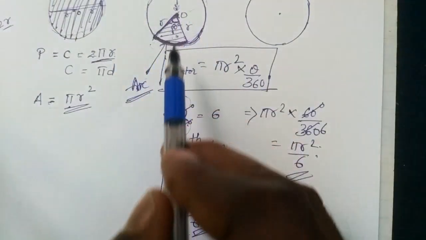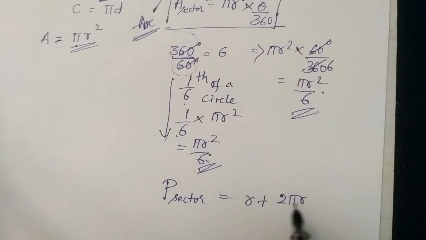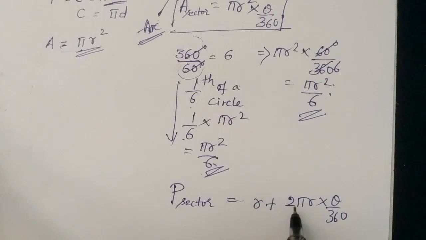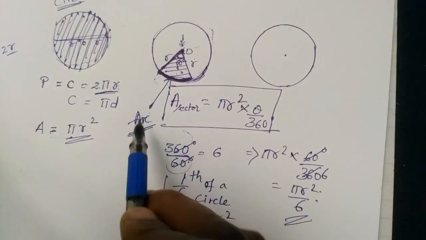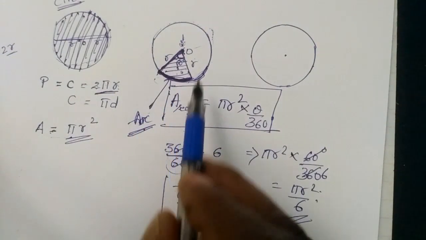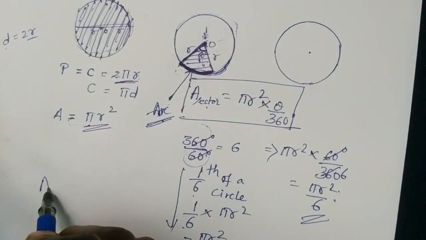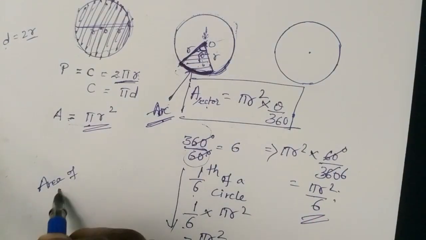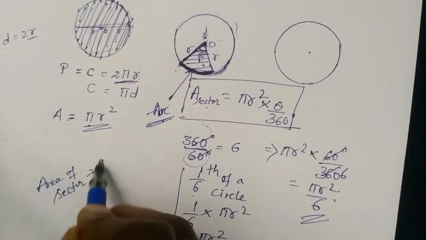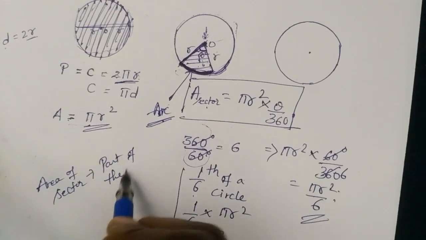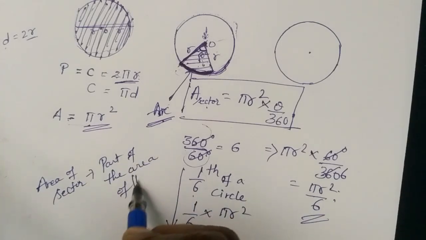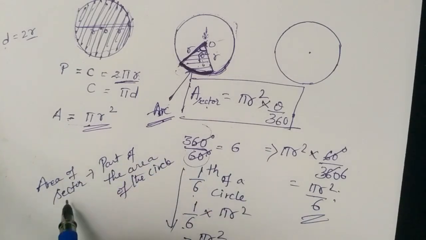Arc is the part of the circumference, so we use this formula: 2 pi r, the circumference, into theta by 360, which says it is the part of the circumference. Sector is the part of the area. Remember, area of a sector is the part of the area of the circle.